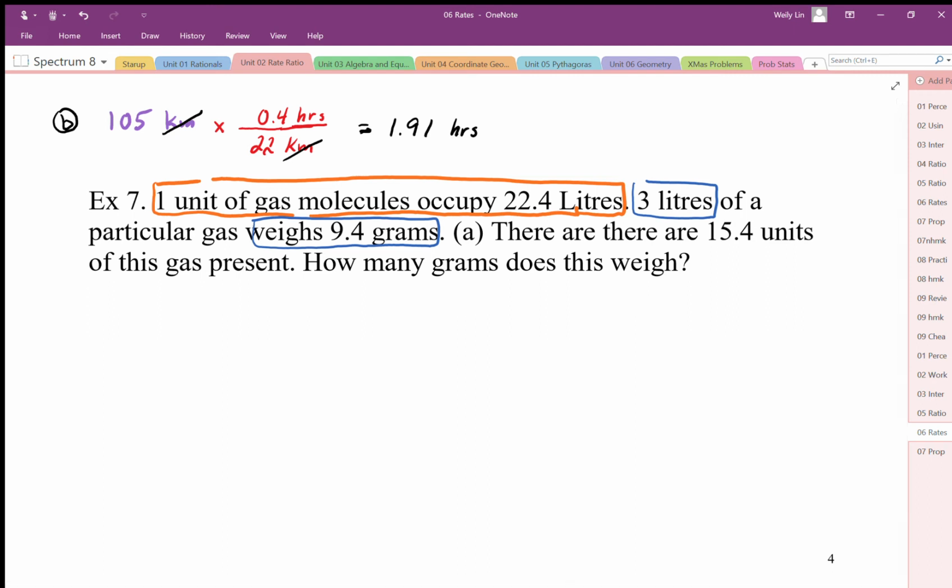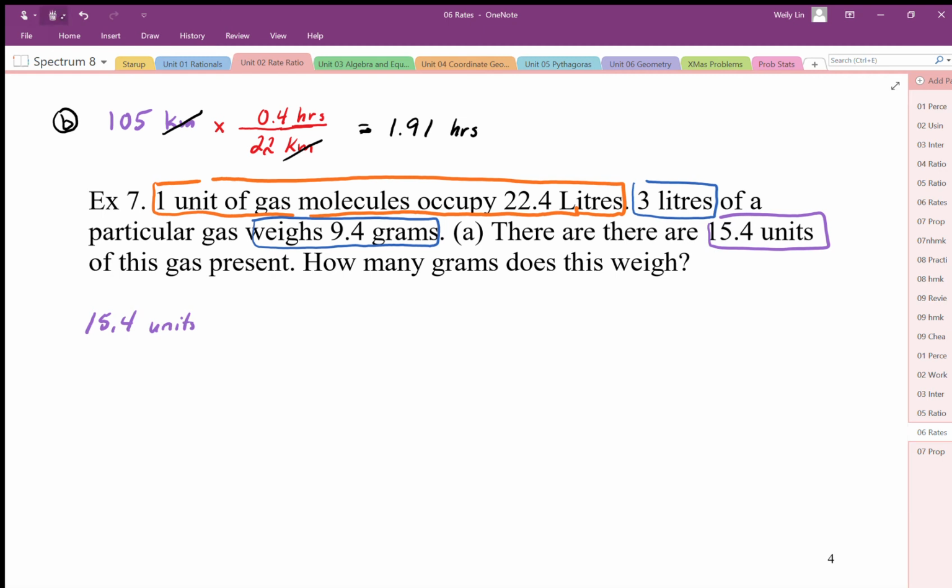Okay, so there's 15.4 units of gas present. So I'm going to start off with 15.4 units. And we want to figure out the number of grams. Well, we need to be able to figure out how many liters it has, and from liters we can convert it to grams.